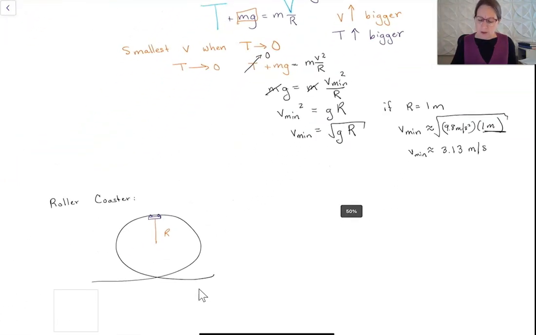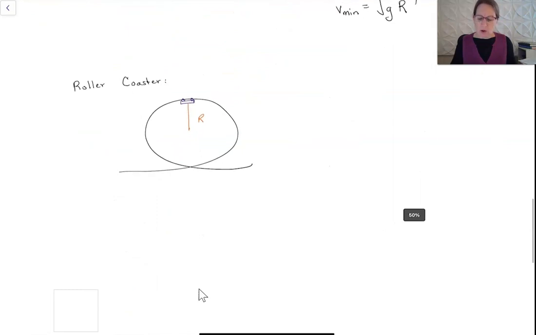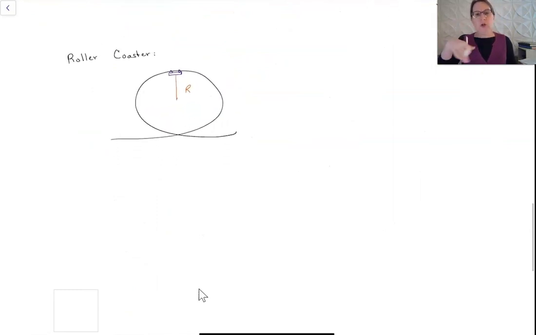You can do the same thing on a roller coaster. That's where you go upside down. Obviously, we have harnesses when we ride these loop-de-loop roller coasters, but hopefully they're designed so that you don't need it, so that you don't fall out.